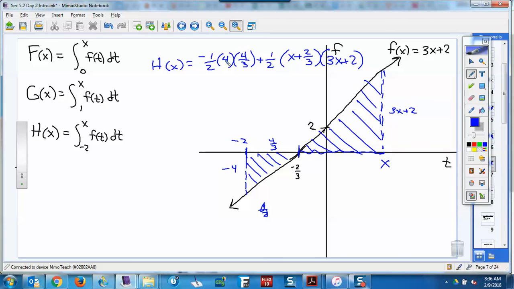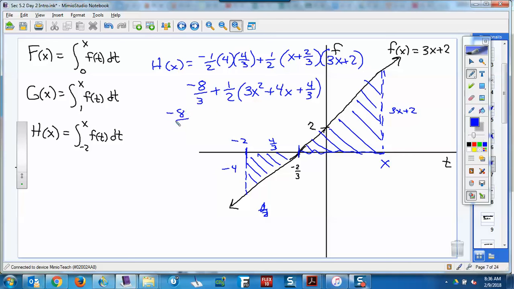That's going to be -2 times that. That's going to be -8/3 plus, and then this is going to be 1/2, and this is going to get a little messy with fractions, but we're going to have 3x squared. Then we're going to have, oh, not bad, 2/3 times 3. That's good. 2/3 times 3 on the inners. That's going to be 2x plus 2x. That's going to be 4x, and then 2/3 times 2 would be 4/3 at the end.